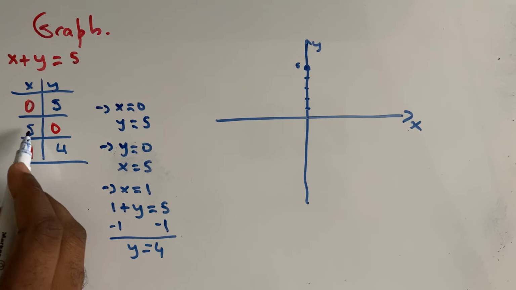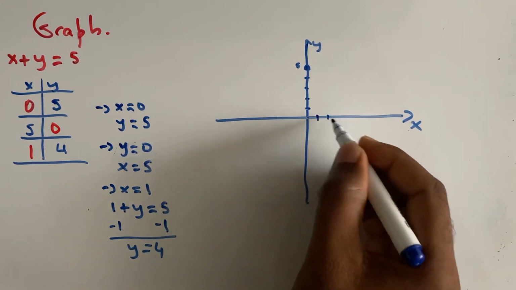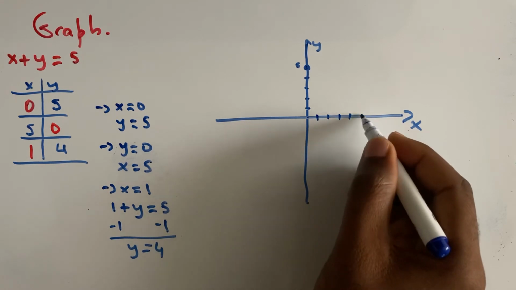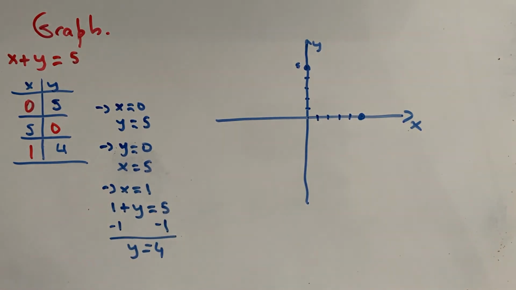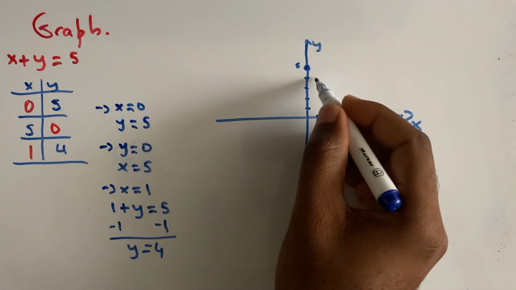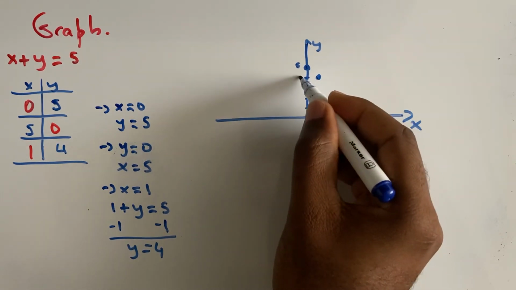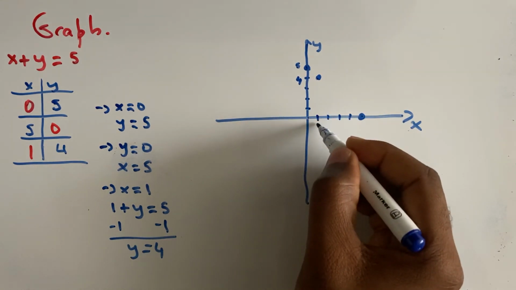Second point, 5 for x, 0 for y. Right here. And the third point is (1, 4), so 1 for x and 4 for y. We write here 1 for x, 4 for y.